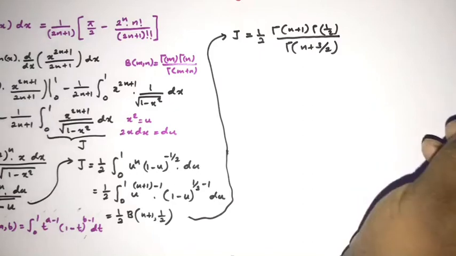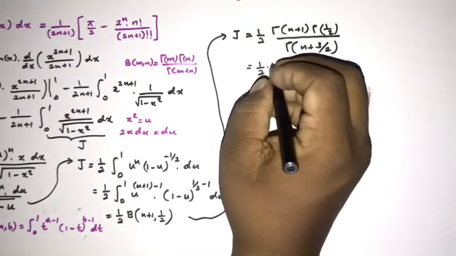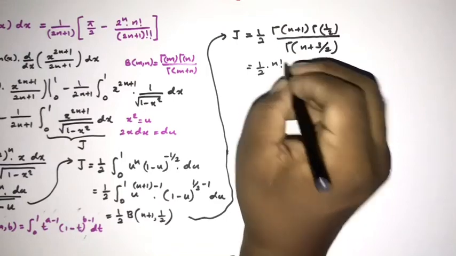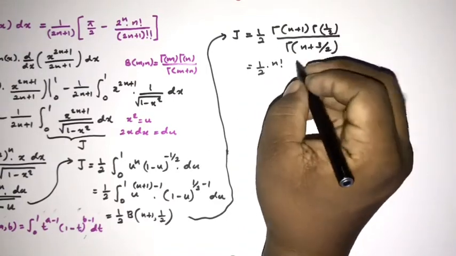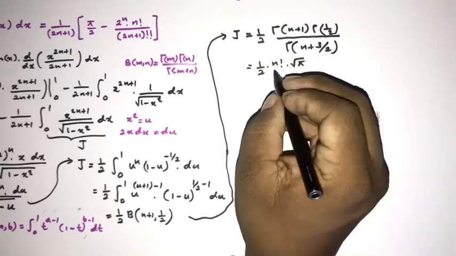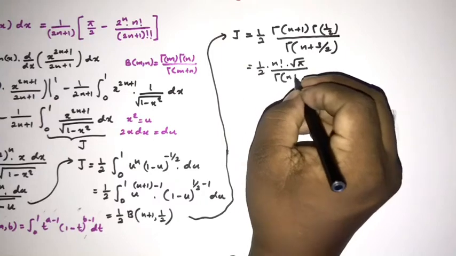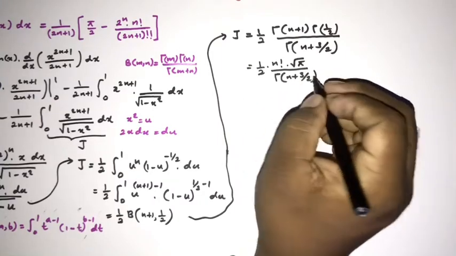Okay, then here 1/2 gamma of n plus 1, we know n factorial, gamma of 1/2 we know square root of pi, and in the denominator we have gamma of n plus 3 over 2.